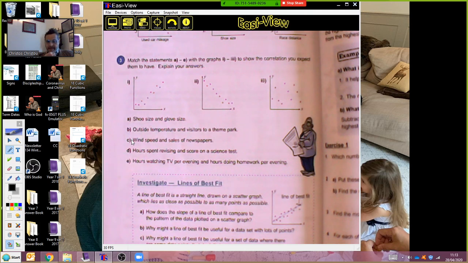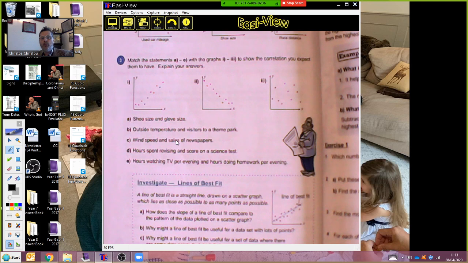You've seen that. Okay. So some people thought that's going to be a negative correlation, because as it gets windier and windier outside, people are not going to want to buy newspapers from a newspaper stand. It'll be blowing everywhere. Do you understand that?